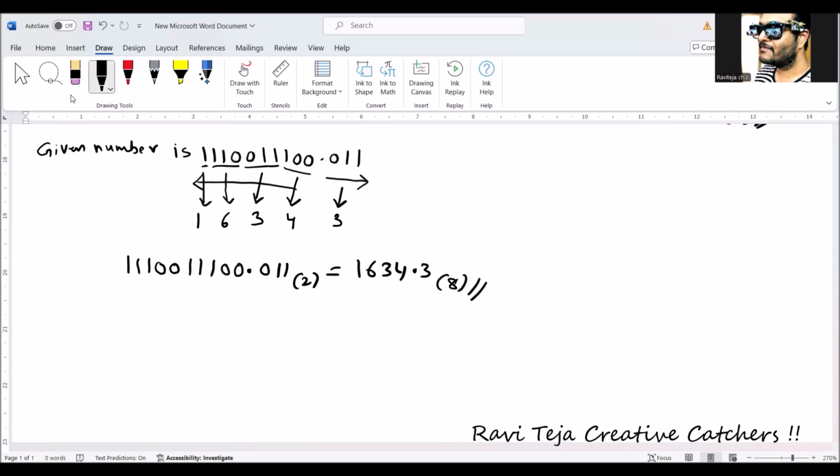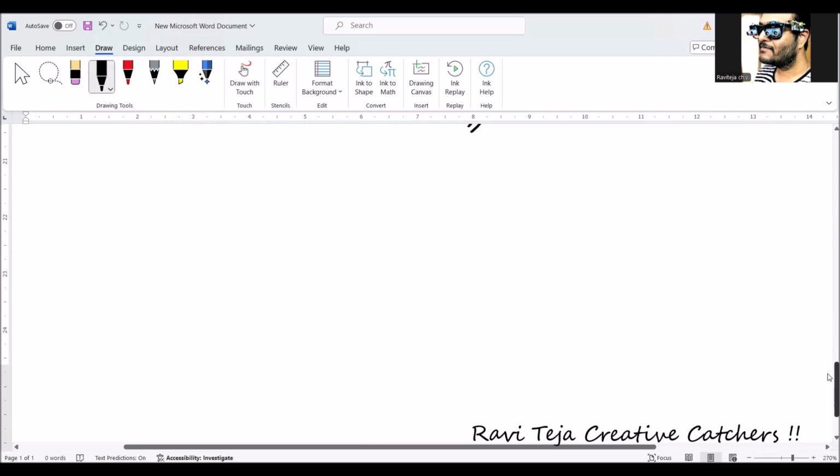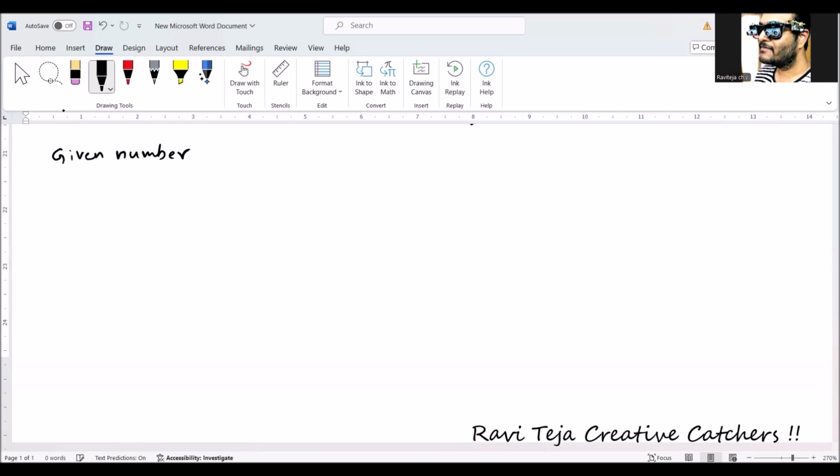Now let's see how the same number is converted into hexadecimal. Again, given number 1110011100.011, converting it into hexadecimal.